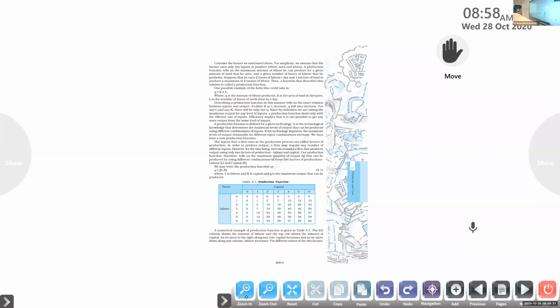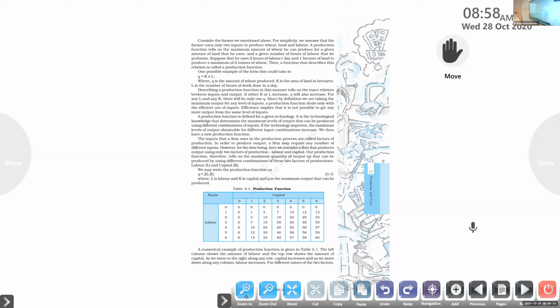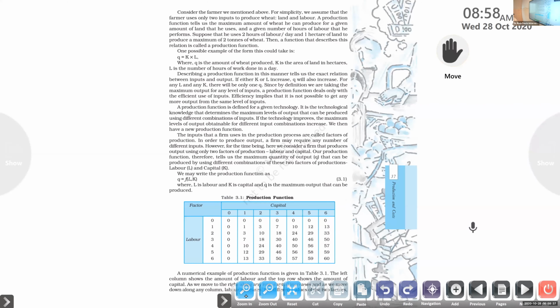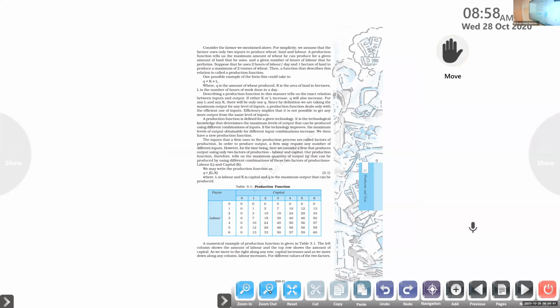Okay, moving forward, are you able to see the board? The screen is visible or not? Yes. Okay. So consider the farmer we mentioned above. For simplicity, we assume that the farmer used only two inputs to produce wheat.